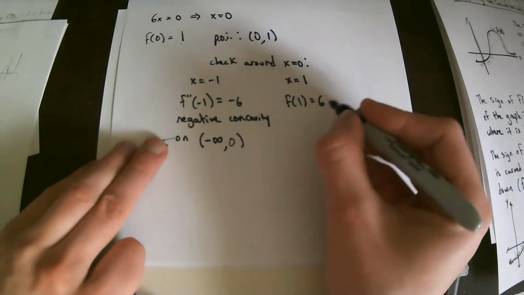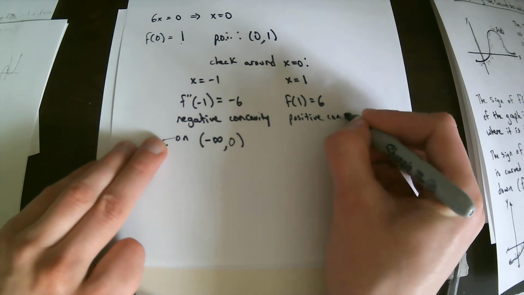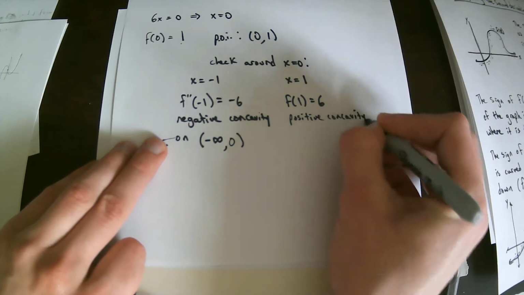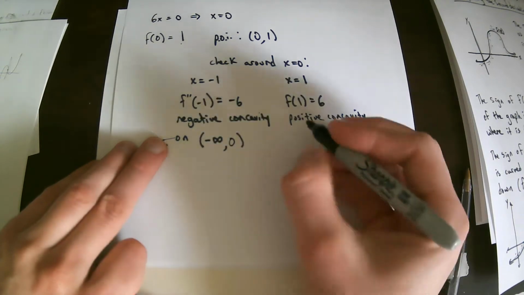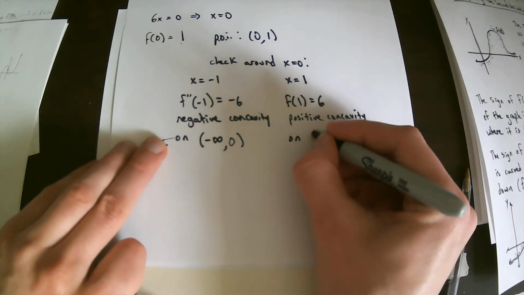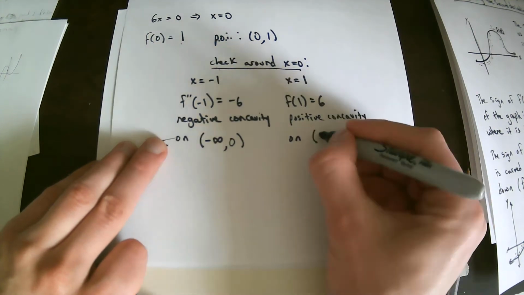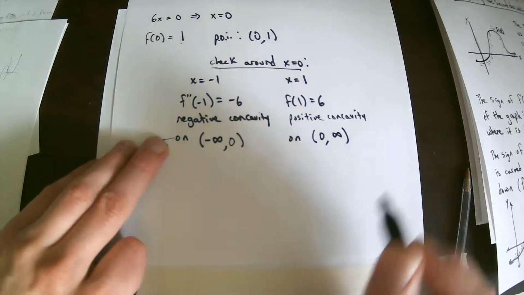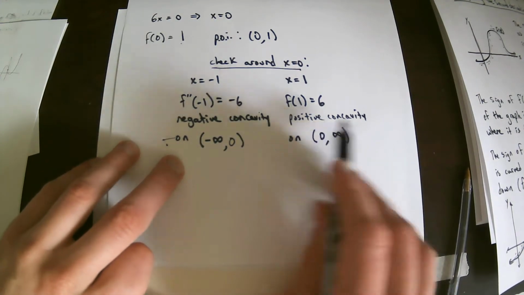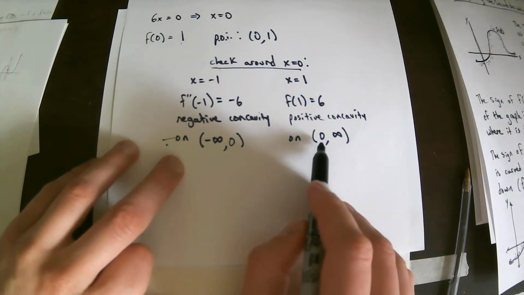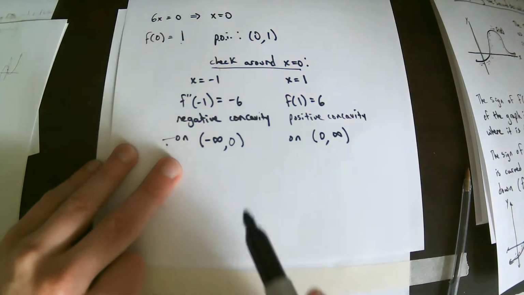Okay, and then positive concavity, I could say concave up, concave down, I could say it that way as well, on the right of this x equals 0 spot, so 0 to infinity. And notice I am using parentheses around 0 because I don't have positive concavity at 0. I have 0 concavity at 0, right? That's where the point of inflection is.